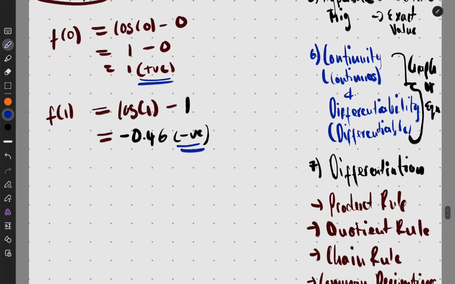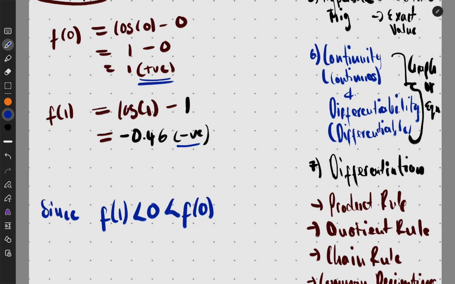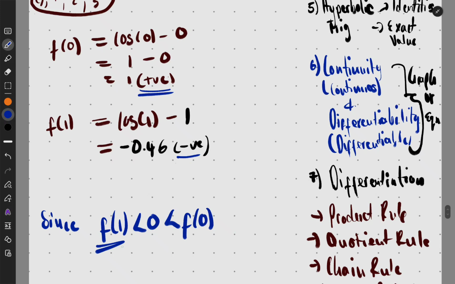So now what you're going to write is, since f of 1 is less than 0, because f of 1 is the negative one, which is going to be less than f of 0. So here you have just said f of 1 is negative and f of 0 is positive. So you have just shown that there is a sign change.